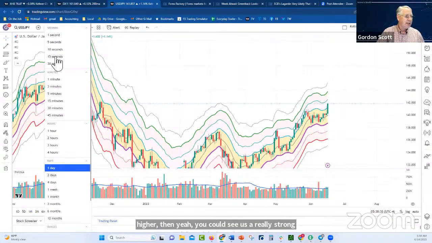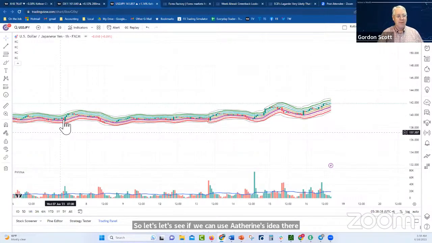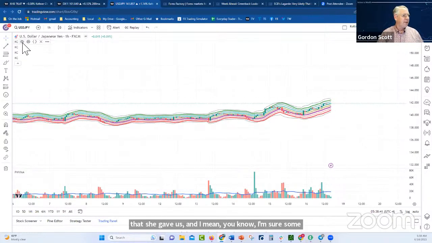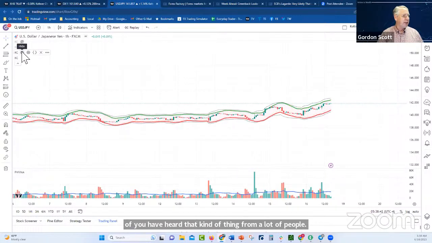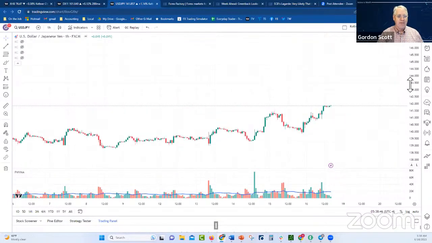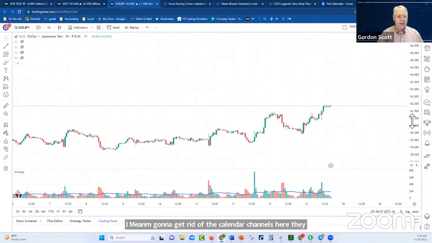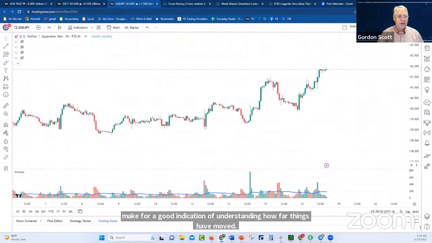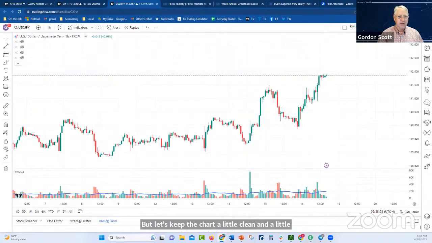So let's see if we can use Catherine's idea that she gave us. And I'm sure some of you have heard that kind of thing from a lot of people. I'm going to get rid of the Keltner channels here. They make for a good indication of understanding how far things have moved, but let's keep the chart a little clean and a little clear to sort of show this.